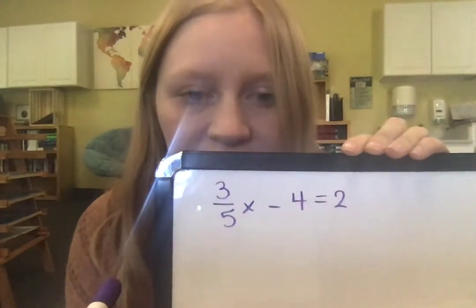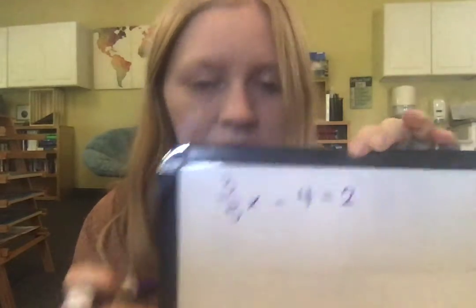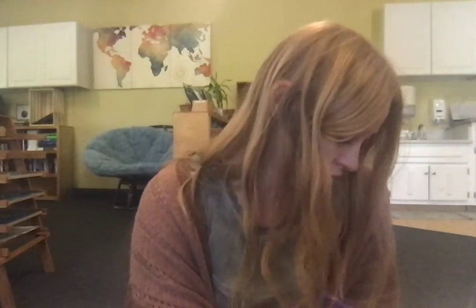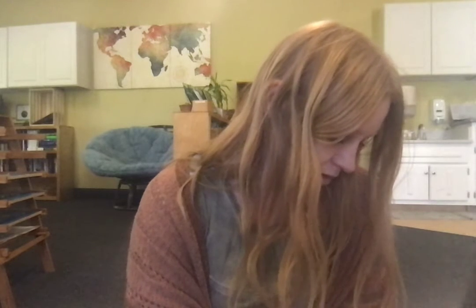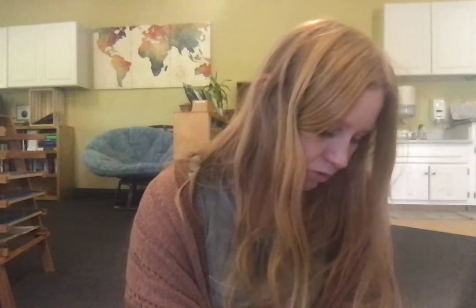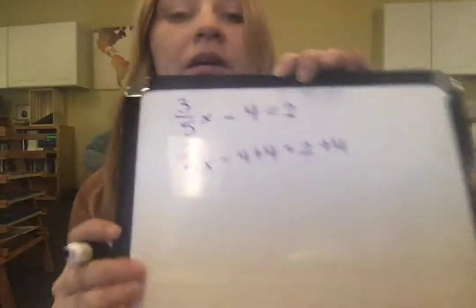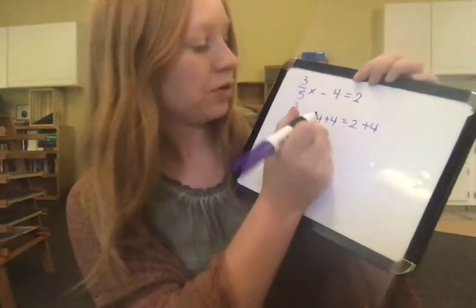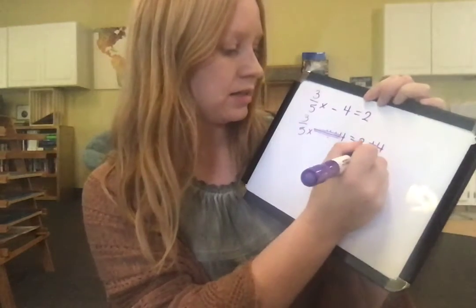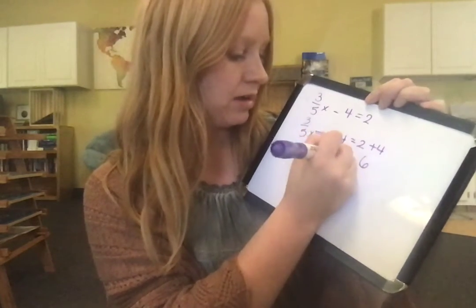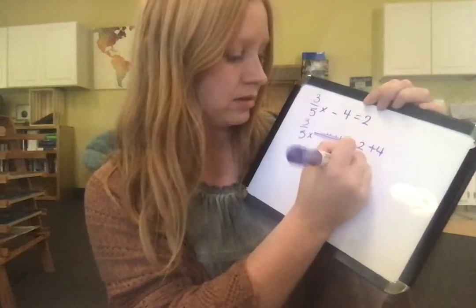So what's the opposite of subtracting 4? Right, adding 4. 3/5 x minus 4 plus 4 equals 2 plus 4. Minus 4 plus 4 is going to be 0, so we're going to say goodbye to that. This is going to be 6. I'm left with 3/5 x equals 6.